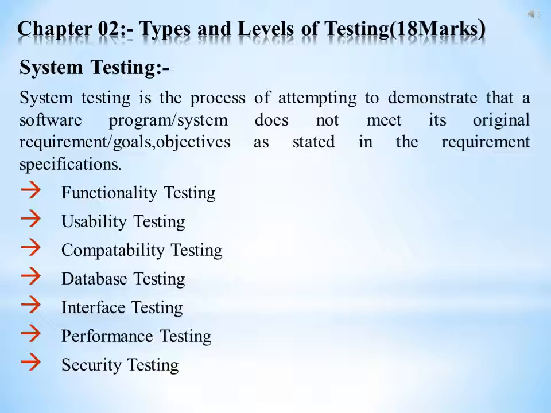In the previous video we learned about functional and non-functional testing, as well as what white box testing and black box testing are. System testing is a type of black box testing, performed to evaluate the complete system's compliance against the specified requirements.